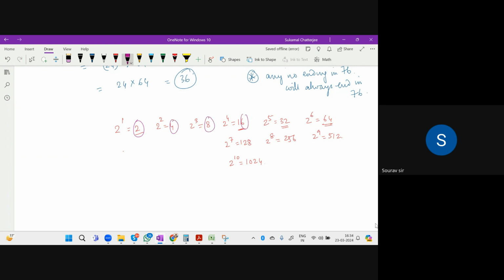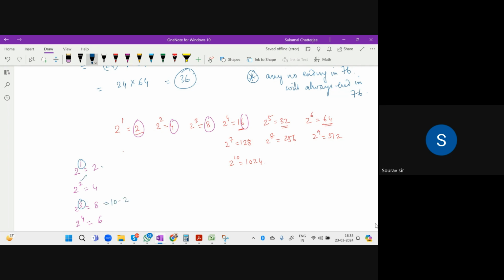Okay, there is a beauty here. 2 to the power 1 is 2, 2 to the power 2 is 4, 2 to the power 3 is 8, 2 to the power 4 is 6. If I just take the last digit, right? Now what is the beauty here? The beauty here is this is odd power, this is also odd power, and this is 2, and this is 8 means 10 minus 2.